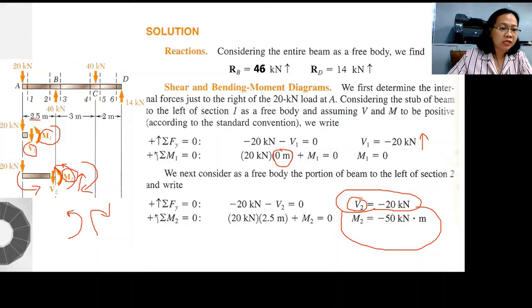Instead of this, this is the correct direction of the moment at the point just before B.